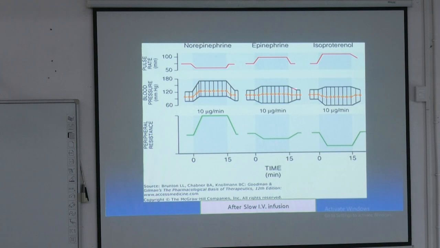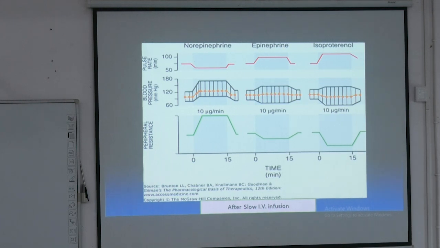But you can see the mean arterial pressure is not much raised. That's why there will be no bradycardia. We can have tachycardia only with epinephrine if it is given in slow IV infusion.